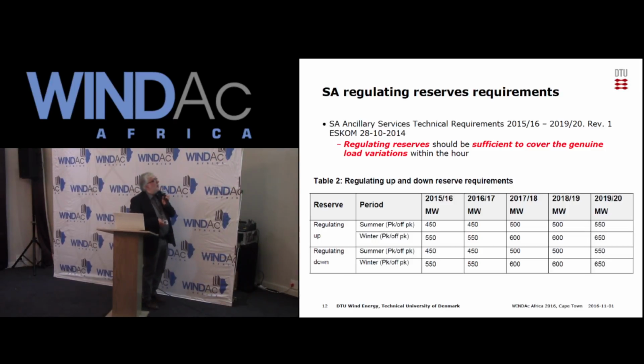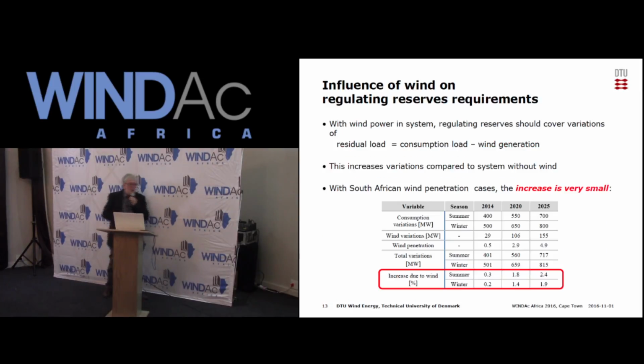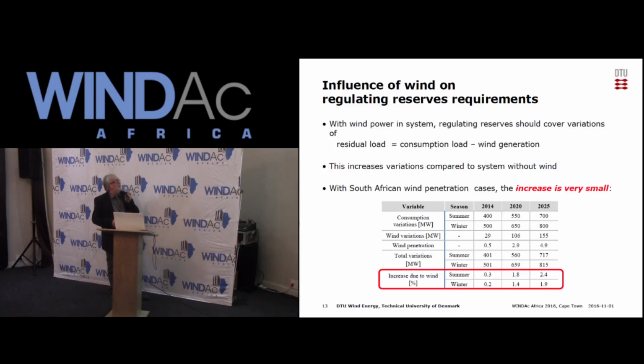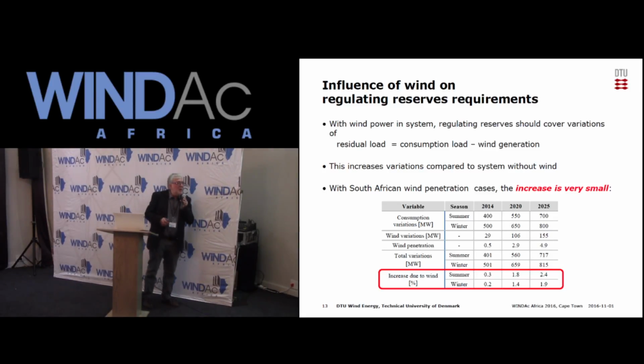Now, if we look at wind power in the system, then we should not only look at the consumption, but we should look at the residual load, which is the consumption minus the wind generation. And that means that we will have more fluctuations in the residual load than we have in the consumption load. How much is another question?